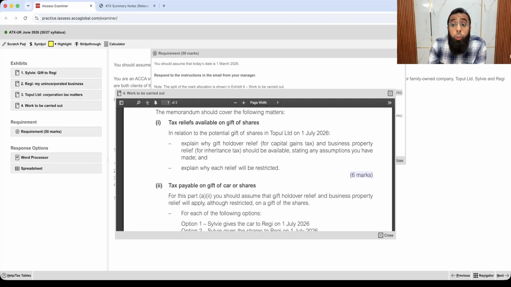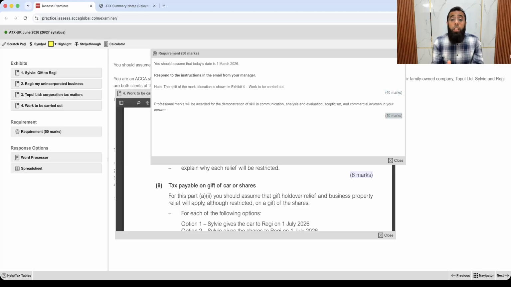See, you will get 10 additional marks as a gift, free, if you attempt those 40 marks in a professional manner, like give proper headings, explain the rules in detail, relate to the scenario, like be professional while answering it. See, basically ACCA is training you to deal with real life situations.